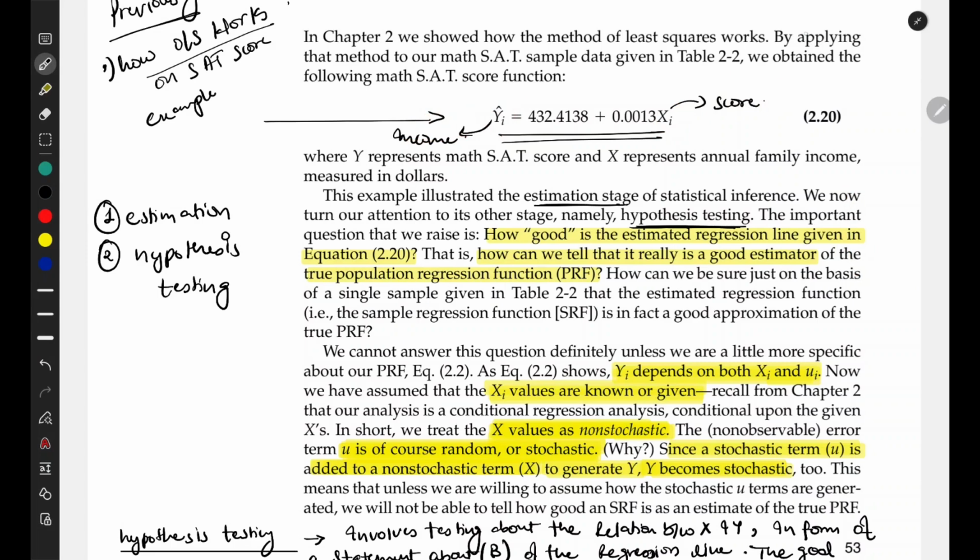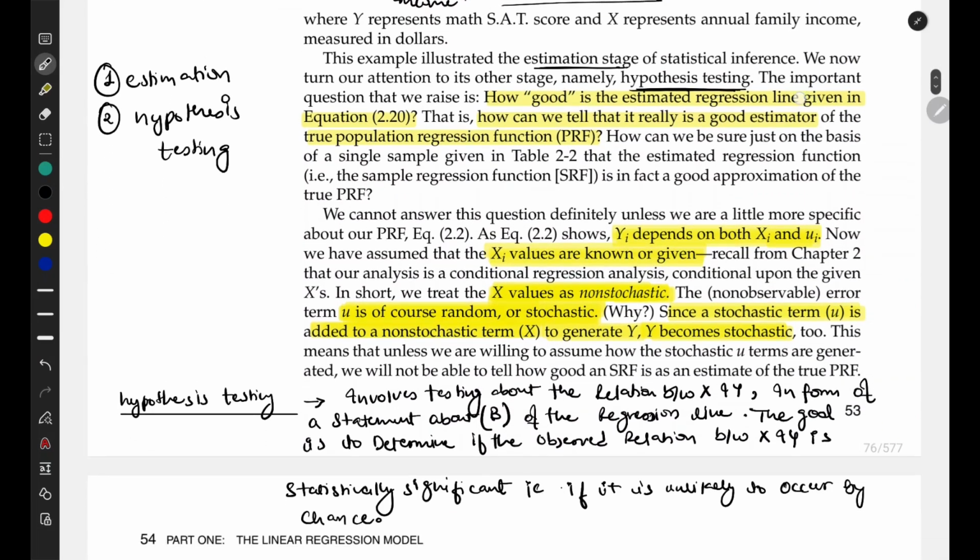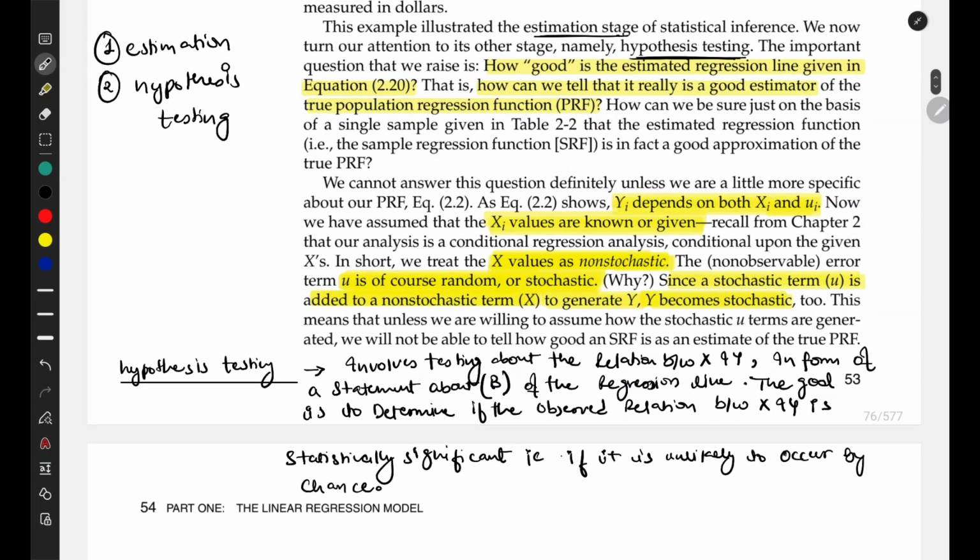So our scores are dependent on our incomes. What this statement means, that yi is dependent on this, is that from our equation yi equals beta 1 plus beta 2 x plus u, you can put i there, that doesn't matter for understanding.